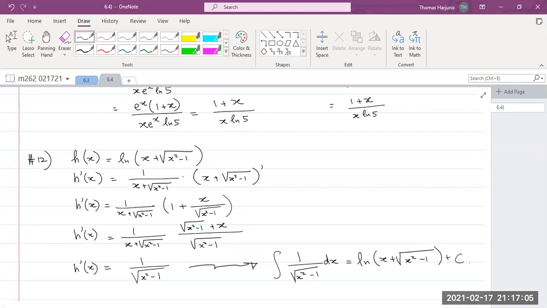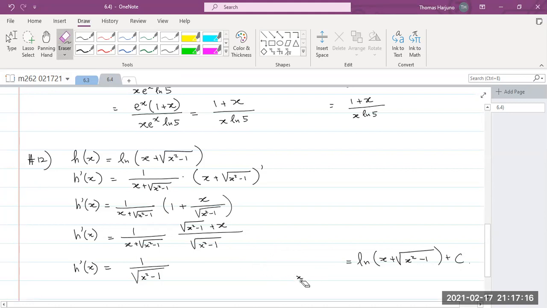That's what we get. But we will prove that another way once we get to chapter 7. For now, we see that if I simplify further, then the answer gets quite simple.